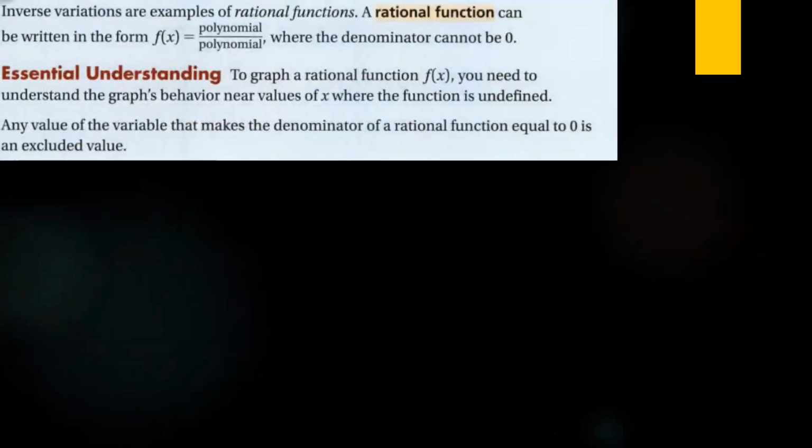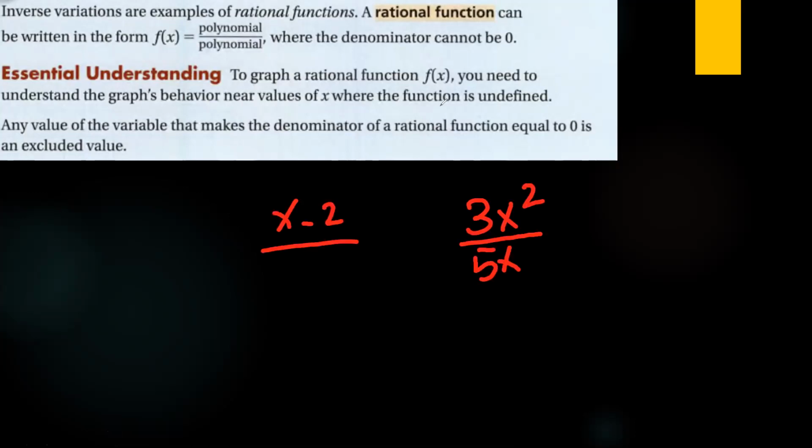Let's recall the rational functions. The inverse variations are examples of rational functions, because a rational function has a polynomial over a polynomial. We talked about many examples before, such as 3x squared over 5x, (x minus 2) over (x plus 3), x over (x minus 2), 5 over (x minus 1), and so on.